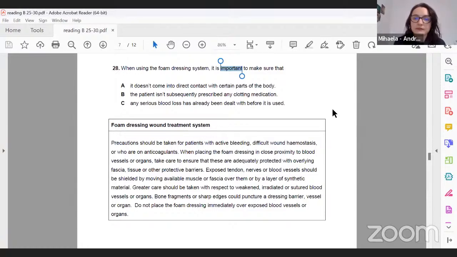So B can be eliminated because the first sentence says precautions should be taken for patients with active bleeding, difficult wound hemostasis, and who are on anticoagulants.